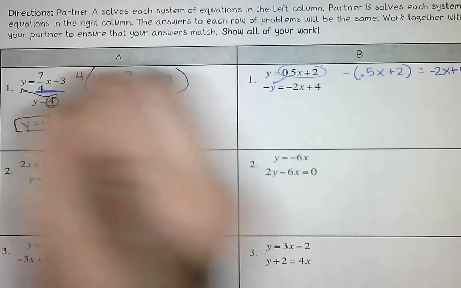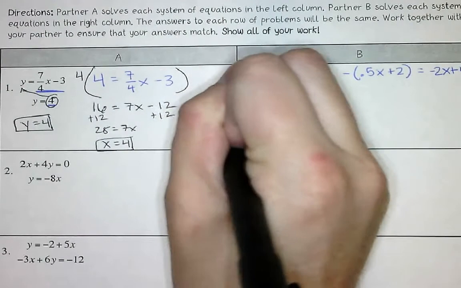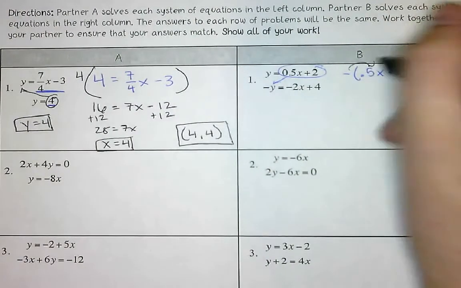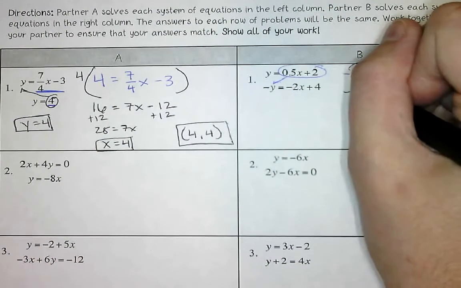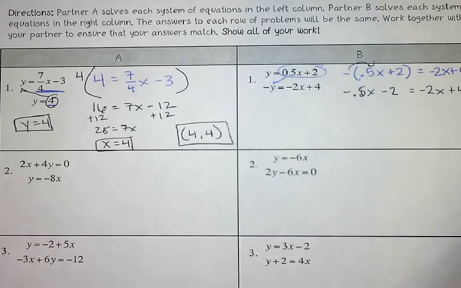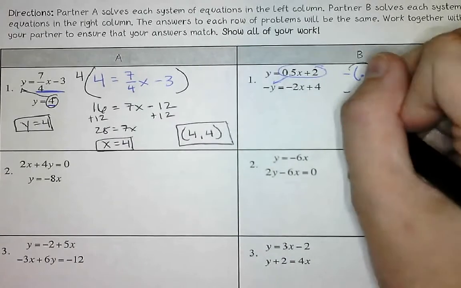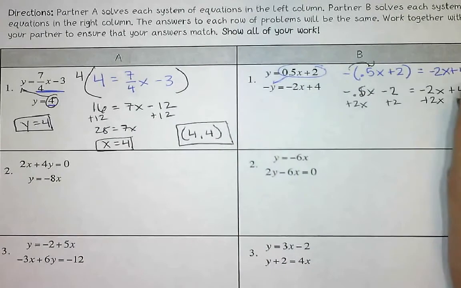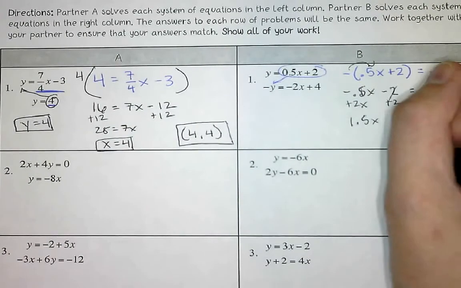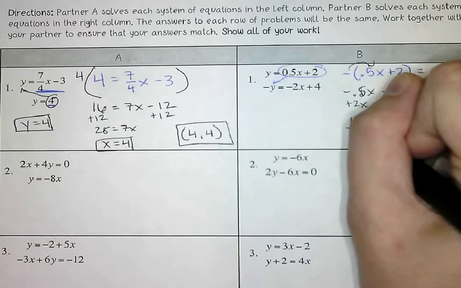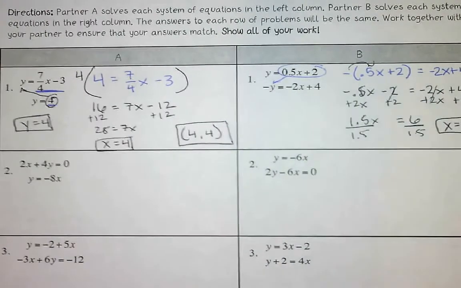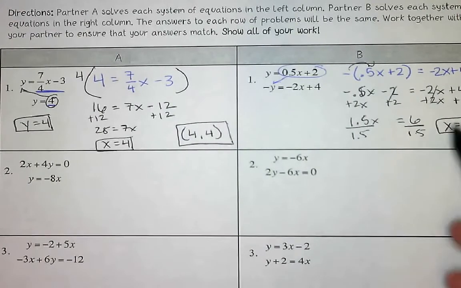And then for this guy, we go here. Negative 0.5x minus 2 is equal to negative 2x plus 4. So I'm going to add 2x to this side, add 2 to that side, and we have 1.5x is equal to 6. Divide by 1.5, and here we also have that x is equal to 4. Then I'm going to take my 4, sorry you couldn't see it, take my 4 and plug it in probably to this guy right here.